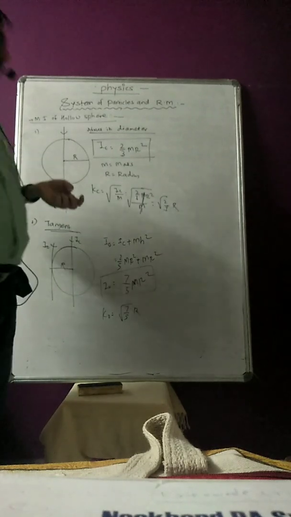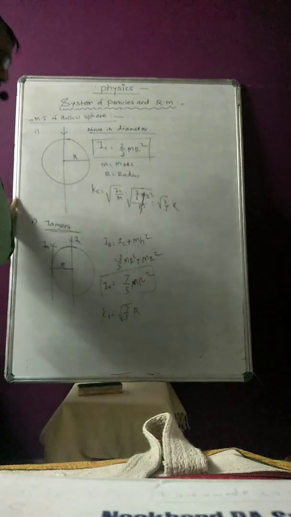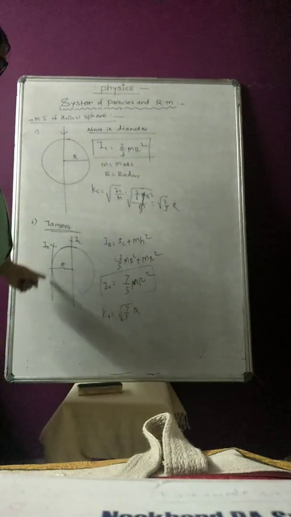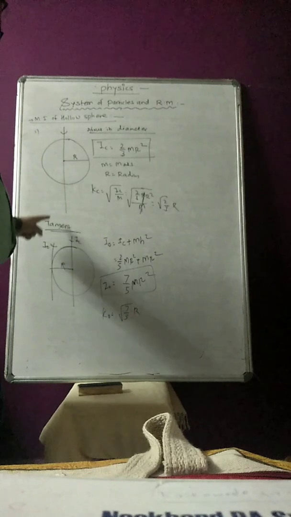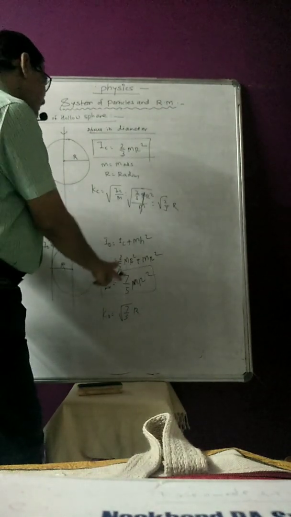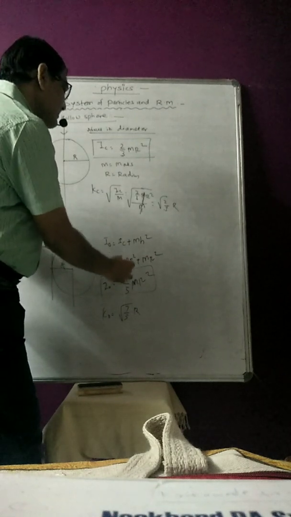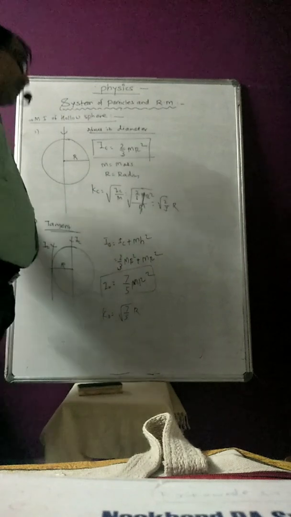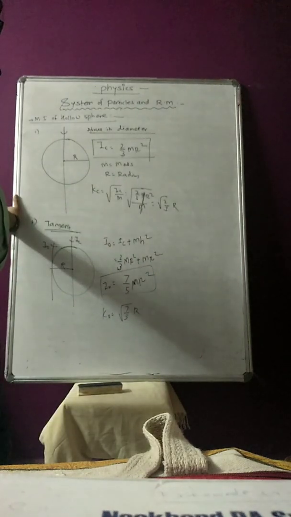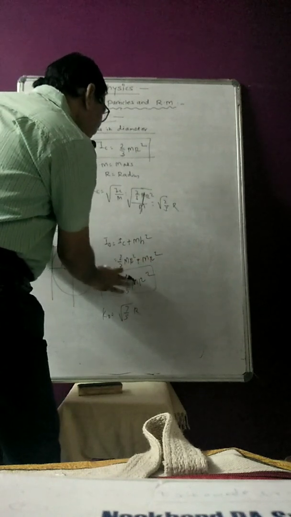Now next point, if you want to find out the moment of inertia of a hollow sphere about an axis tangent to its surface. So here, IO is equal to again IC plus MH square, but here this answer will be 2 by 3 mr square plus m into r square. Therefore your answer becomes 2 by 3, 3 plus 2, 5.